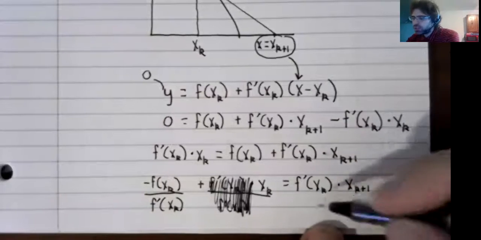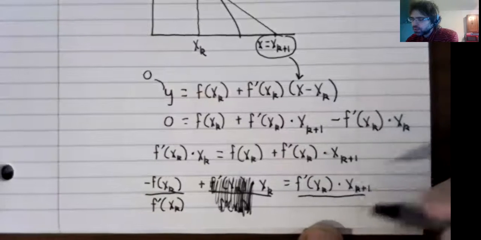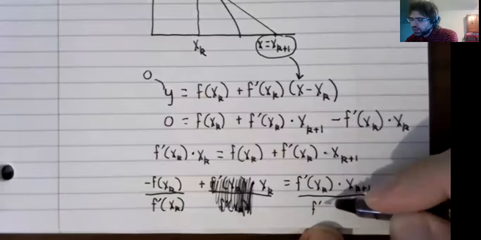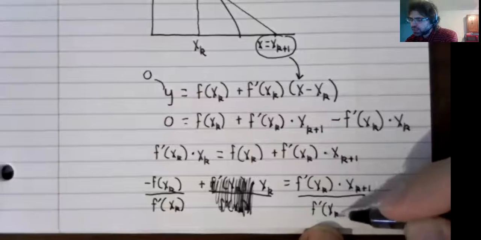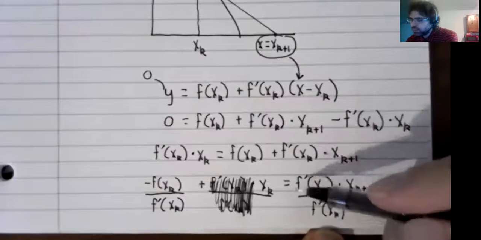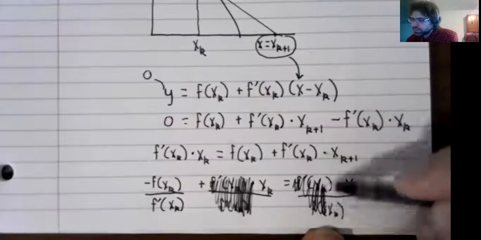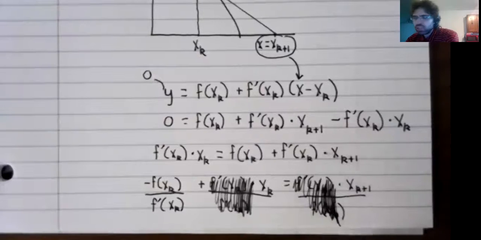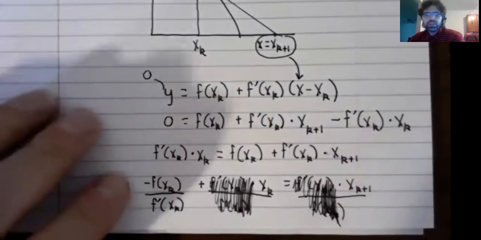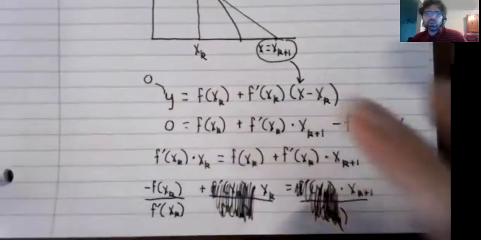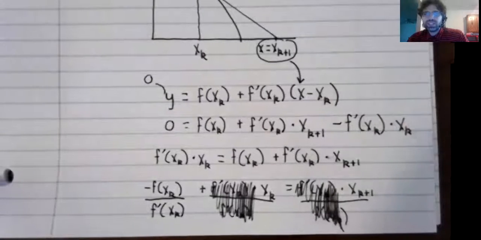And then on the right, we are dividing by this as well. And these things cancel. So let's maybe write this a little more neatly on its own piece of paper.